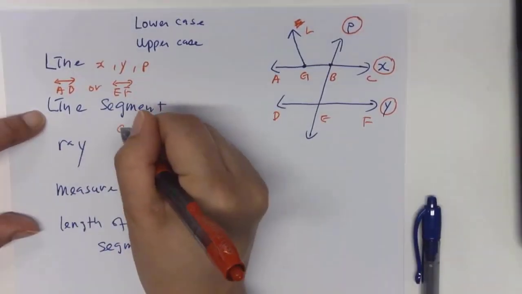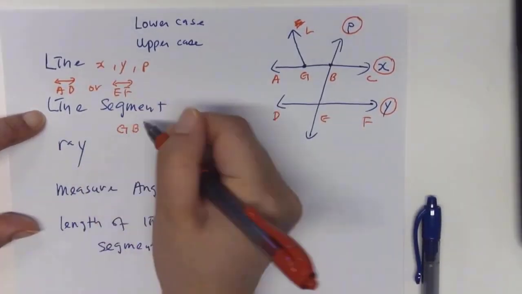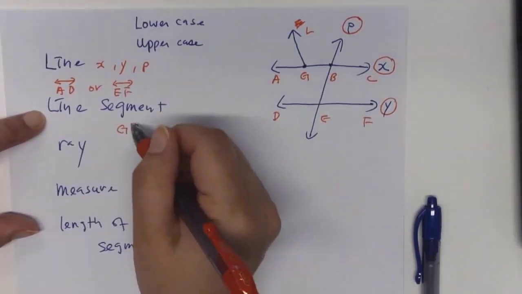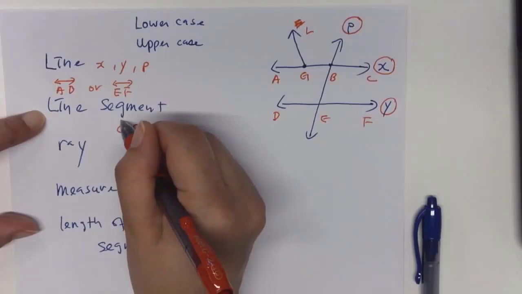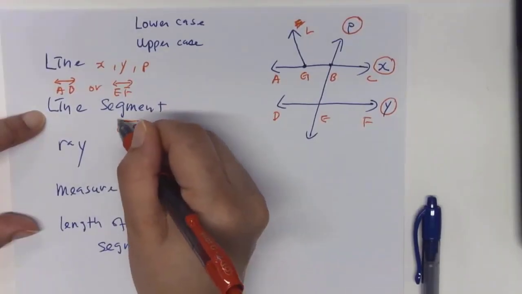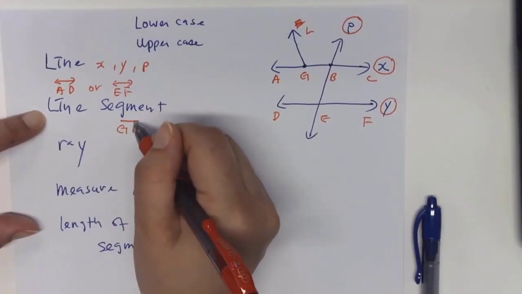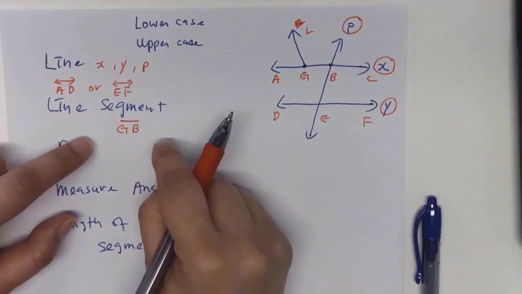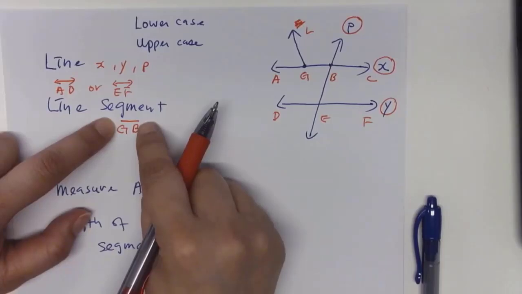And what is the notation for a line segment? I need a line on top. Okay, a line means both arrows, meaning what? Do we have any arrow?